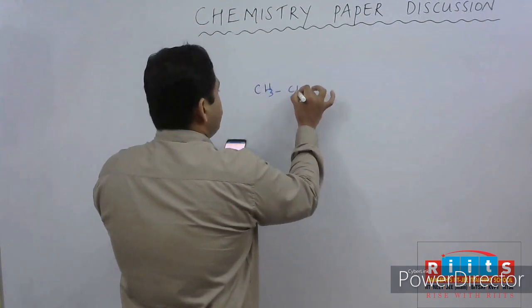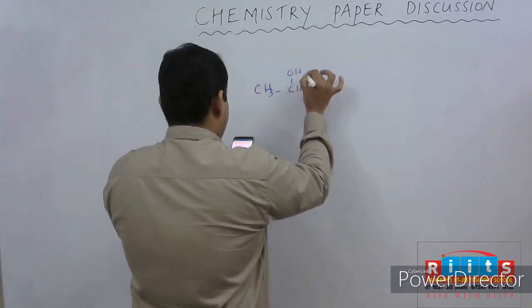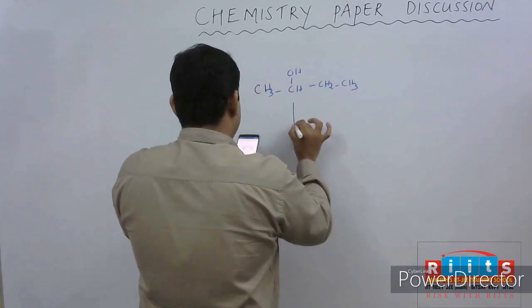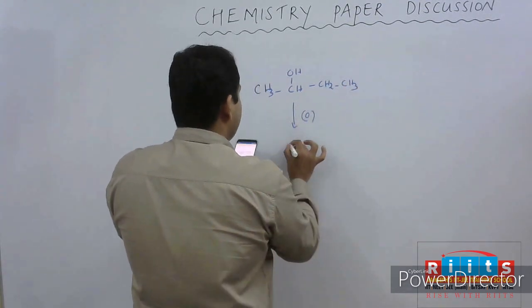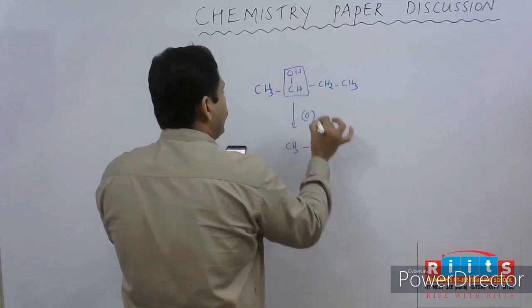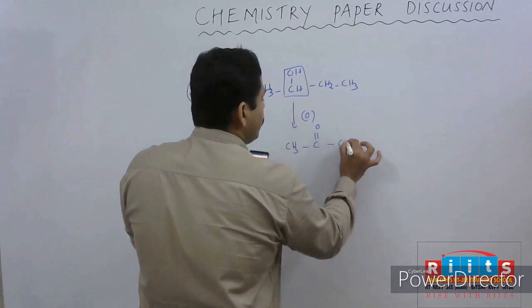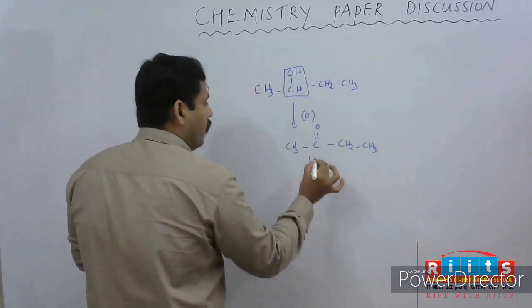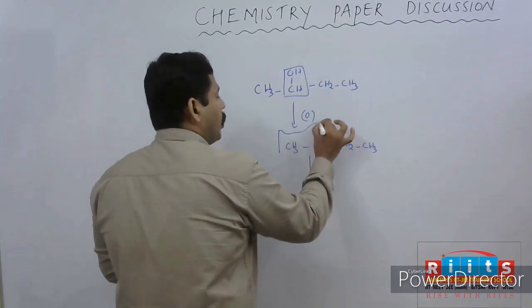So CH3, CHOH, CH2, CH3. If I take this, they are asking about oxidation only. So CH3, CHOH will be oxidized to give C double bond O, CH2, CH3, right? So definitely it will undergo the iodoform test because the CH3, C double bond O group is there.